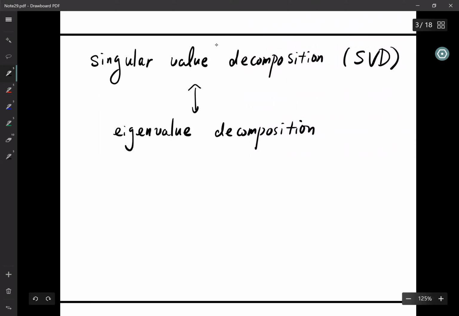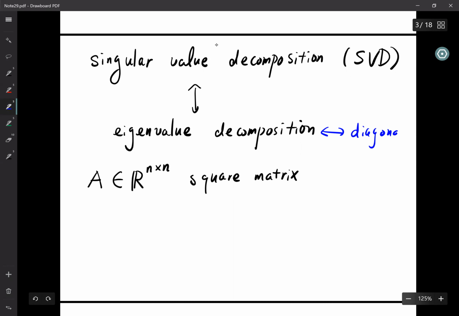Eigenvalue decomposition, especially what we just learned on Monday for real symmetric matrices, but generally we need to work with n by n square matrices, is directly related to diagonalization, or a decomposition of the form AV equals VD, with V invertible and D a diagonal matrix.